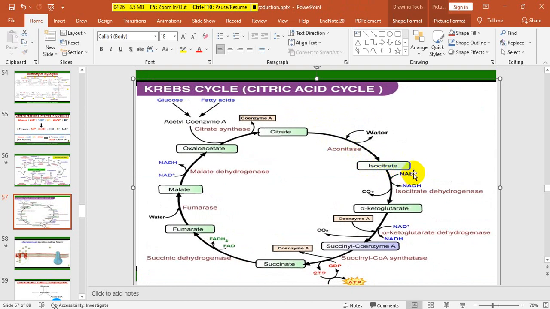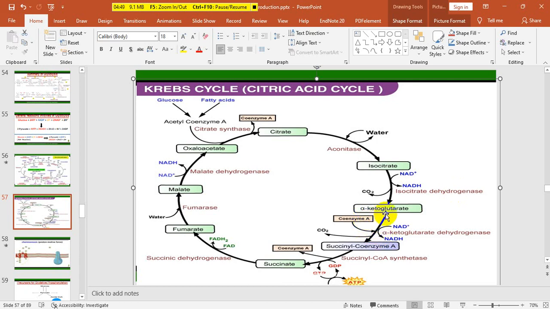Then we further oxidize isocitrate by removing 2 protons or 2 hydrogens from it to produce what? Alpha ketoglutarate, with the release of carbon dioxide, under the auspices of the enzyme isocitrate dehydrogenase.